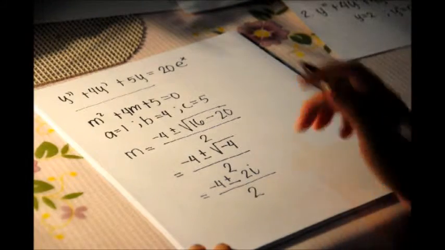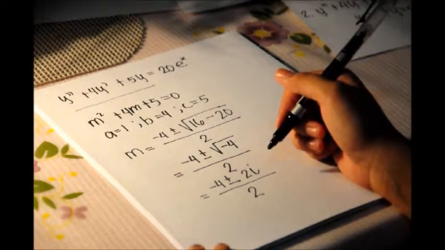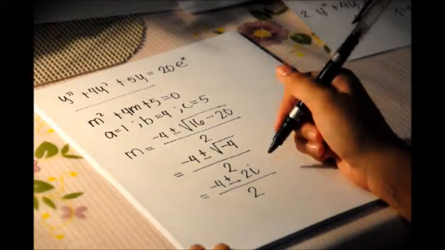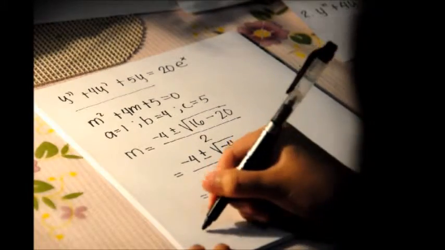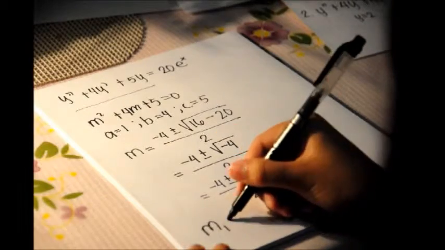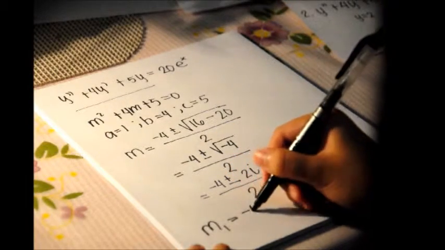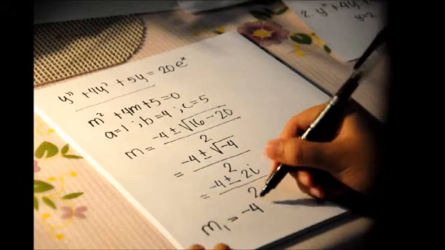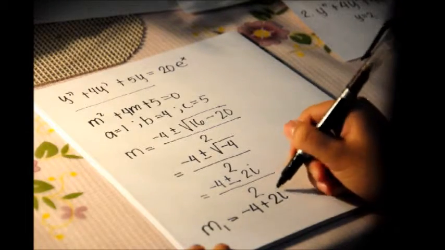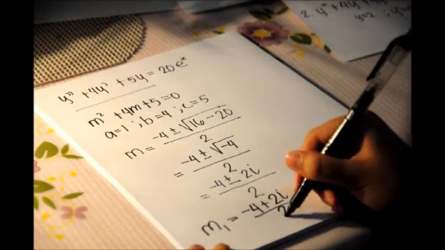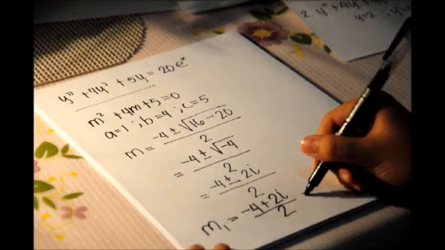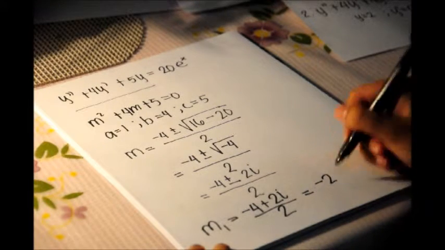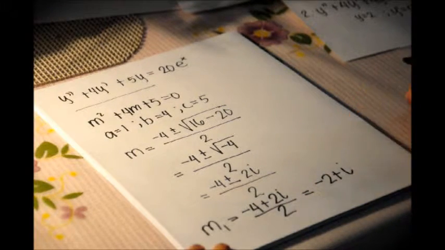So we have this plus minus, which means that there are two roots here and both are complex. For m1, it is equivalent to negative 4 plus 2i over 2, or negative 2 plus i.